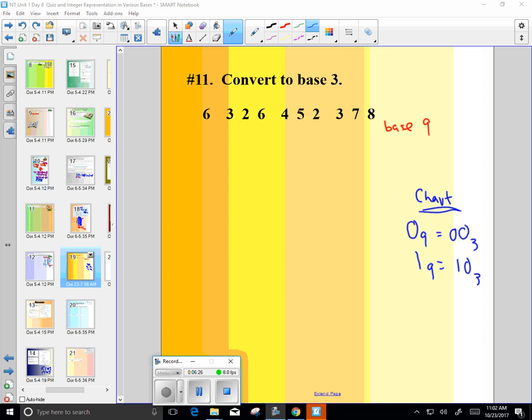I think it's going to be 1, 0, 0, isn't it? Because this is 0 plus 0 plus 9, which would be 1 base 9. No, that's not right. This would be 0, 1 base 3. 2 base 9 is going to be 0, 2 base 3. And then what will 3 base 9 be? 1, 0 base 3, right?